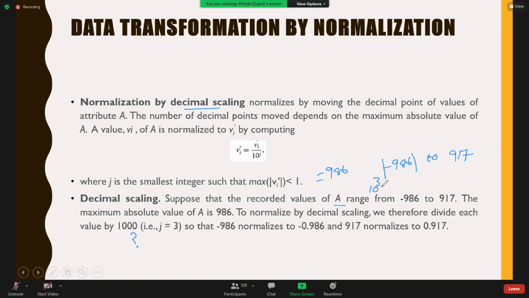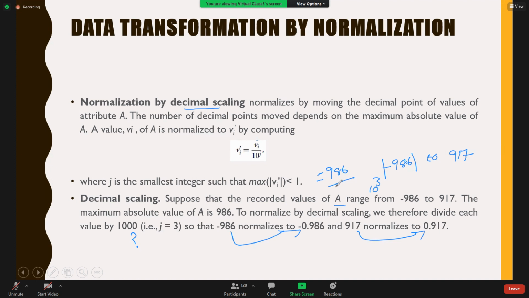If you divide each number by 10 power 3, that is 1000, then minus 986 is normalized to minus 0.986 and 917 is normalized to 0.917. So it normalizes by moving the decimal point of the values of the attribute A. The number of decimal places moved depends on the maximum absolute value of A. What is the maximum absolute value of A here? 986.